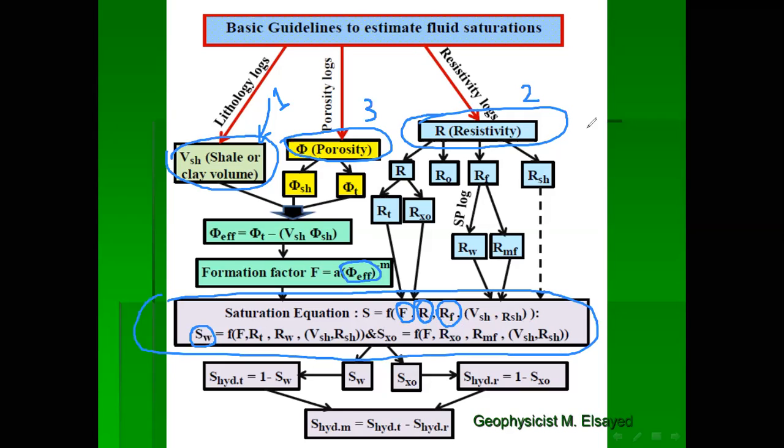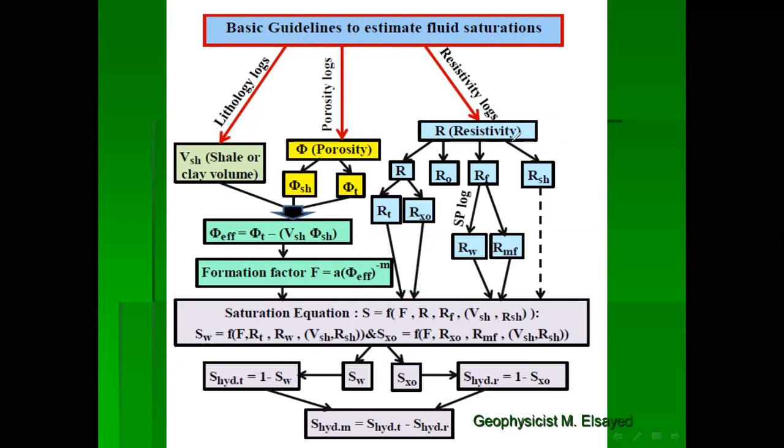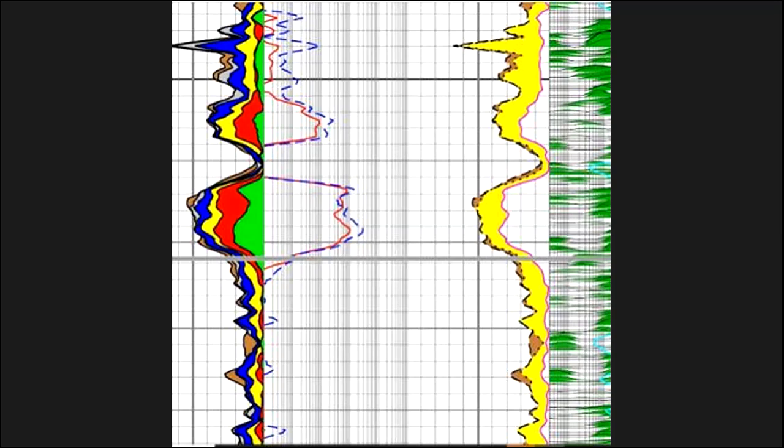So basically, a triple combo corresponds to using the three major types of data in a sequence to estimate the water saturation. And from estimating water saturation, you can also estimate the hydrocarbon saturation of each zone, from the common relation, 100% minus, or 1 minus, water saturation of this zone. So this is the basic purpose of the three tracks involved in the triple combo.